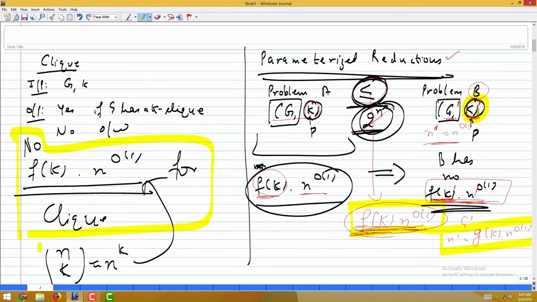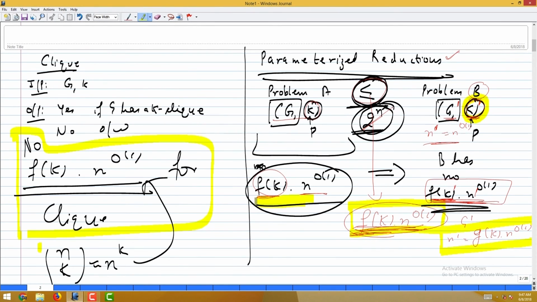But here, the running time is a function of k prime. If I have k prime, which is, let's say, a function of the number of vertices in the graph, or if I was starting with a 3-SAT formula, the number of clauses, then again I can't prove such a thing because this f of k prime will then become a function of n or m, right? And then I can't get such a thing.